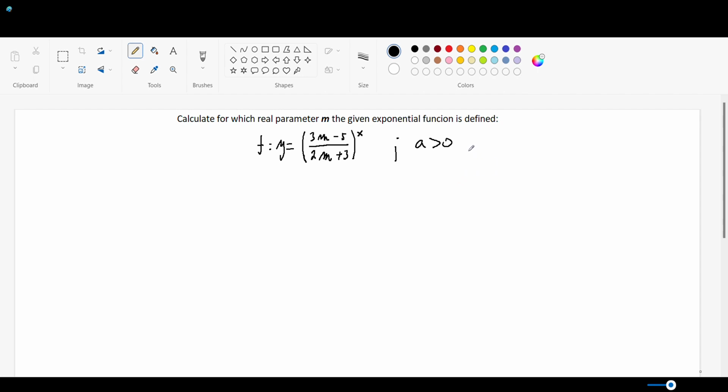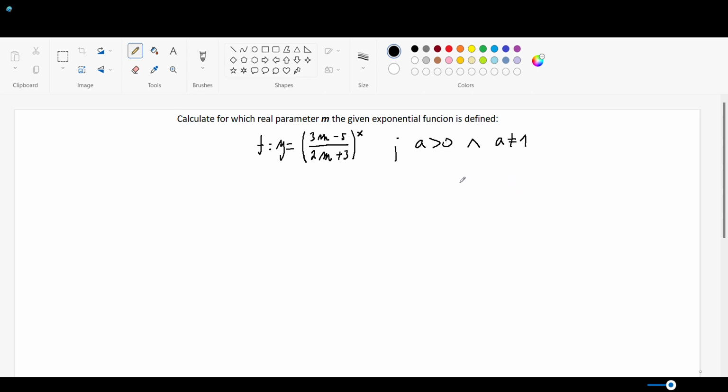The next condition which must be met is about the base of our exponential function. Any exponential function's base shouldn't be equal to 1, because in this case 1 to any exponent or to any power will still be the number 1, and then it's not going to be an exponential function but the constant function y equals 1.